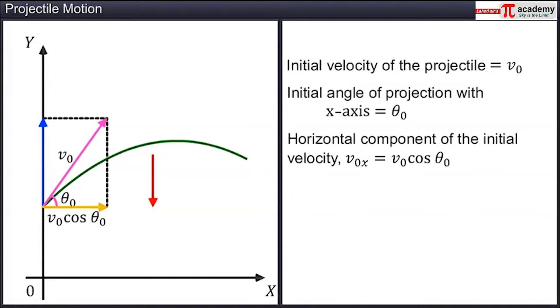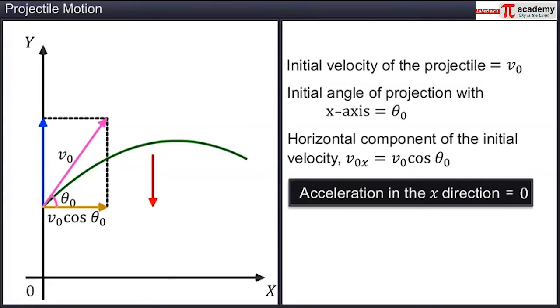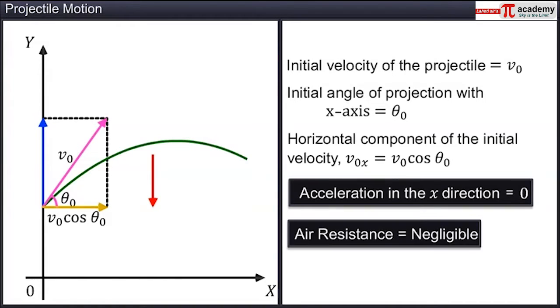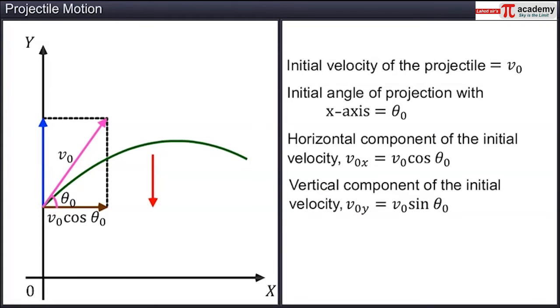This horizontal component remains constant throughout the flight, as the acceleration in the x direction is 0 and air resistance is negligible. The vertical component of the initial velocity v0y is equal to v0 sin θ0.